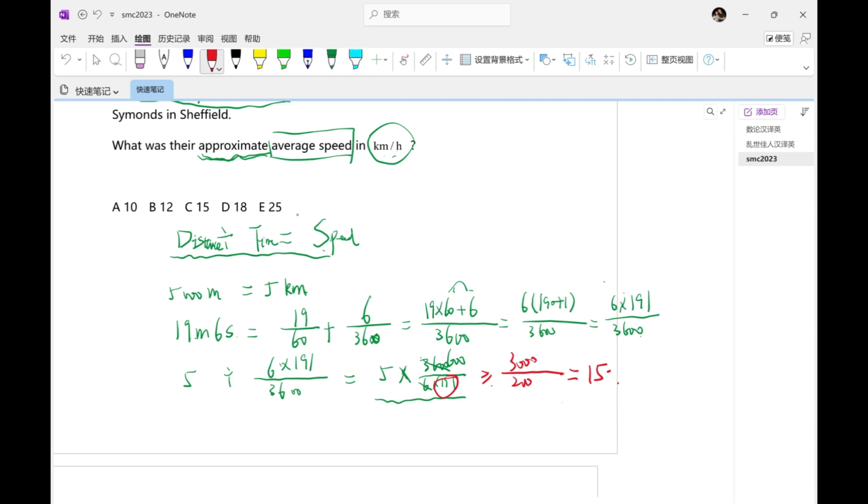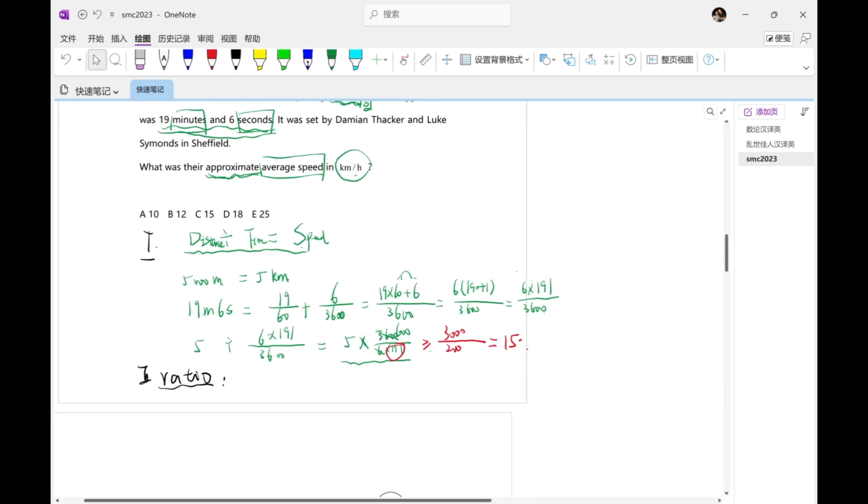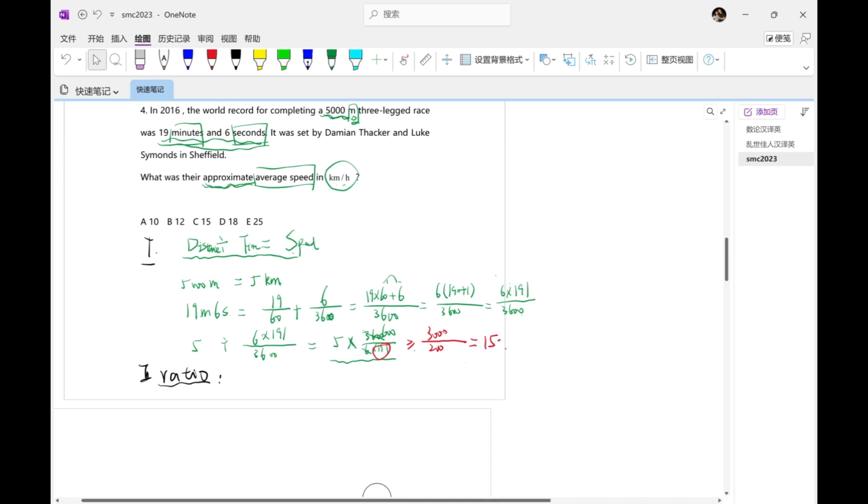And we can do it another way. That was method 1. If we choose another method, we use a ratio relation: the time ratio equals the distance ratio.